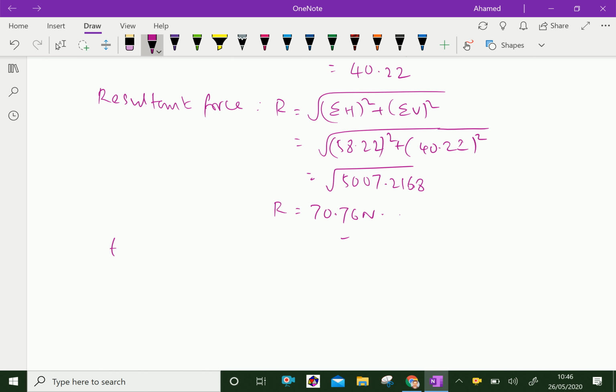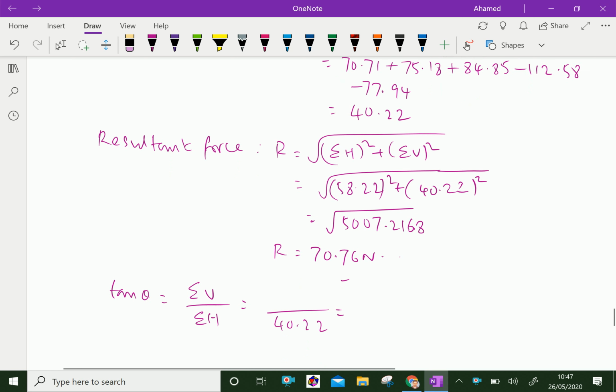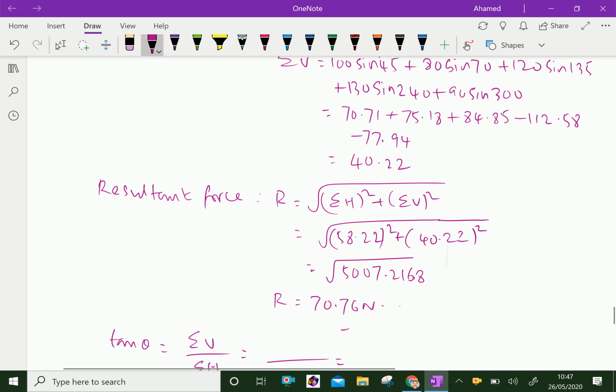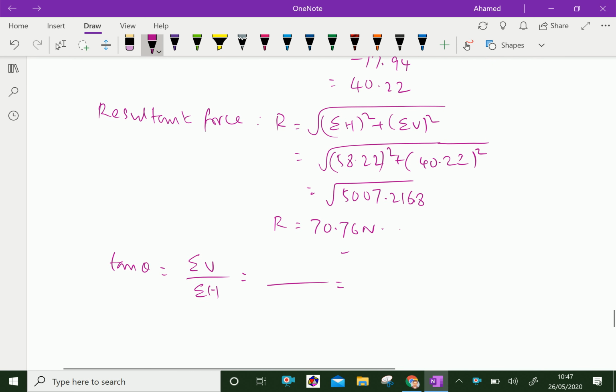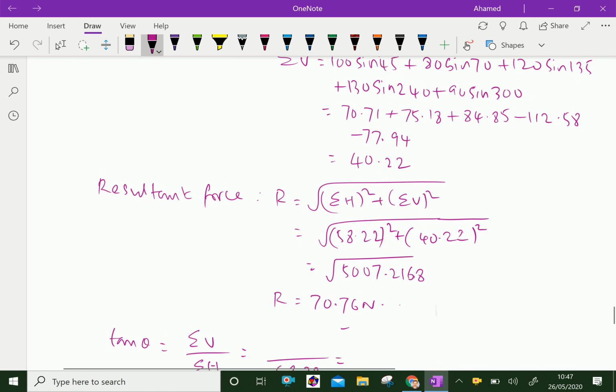Direction, that is tan theta equals sigma V by sigma H. Sigma H is 58.22, sigma V is 40.22.